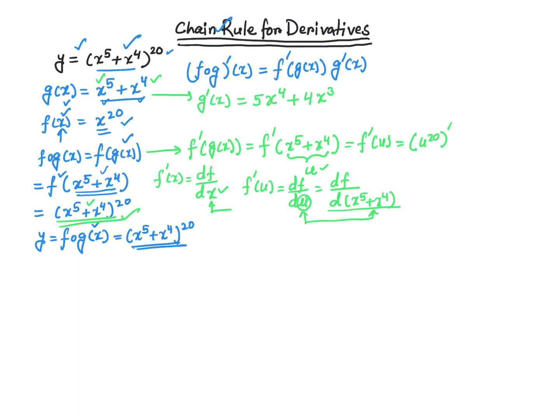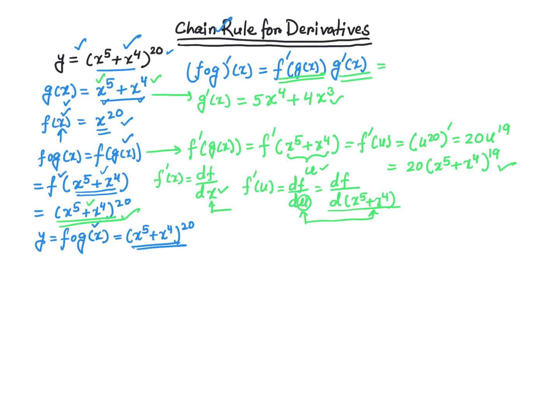You take the derivative of it with respect to u. That's going to give you, using the power rule, 20 times u to the power 20 minus 1, which is 19. That is 20 times, but u is x to the power 5 plus x to the power 4, then that's raised to the power 19. So you found this derivative, which is this. You found this derivative, which is this.